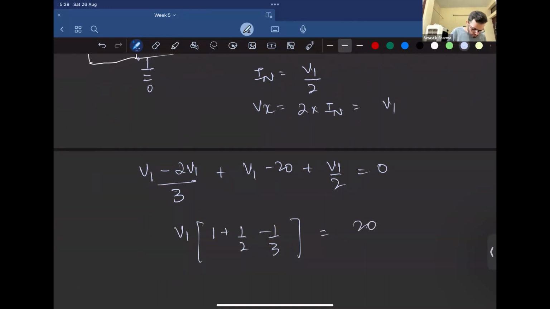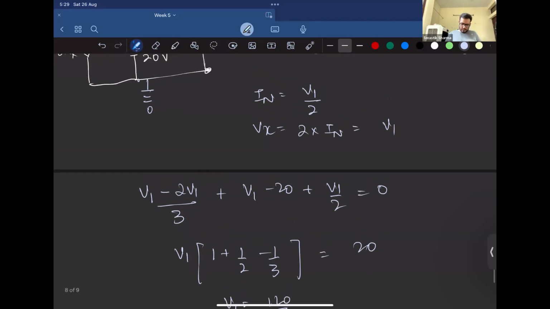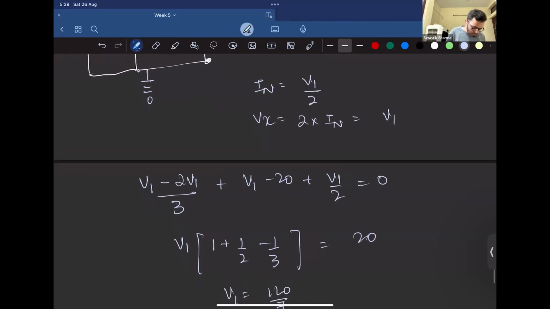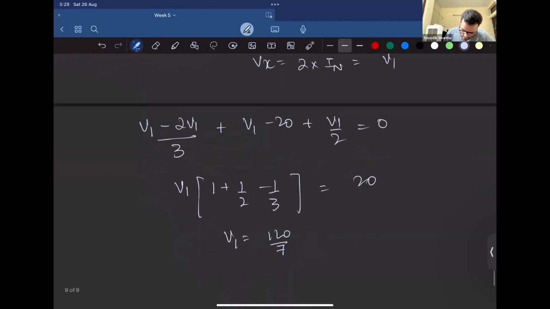So what would be the value of V1? 1.5 minus 0.33. 7 by 6, or V1 is equal to 120 by 7. 7 by 6, right? So you're solving, right? Is it correct?